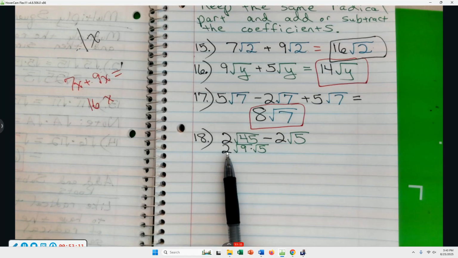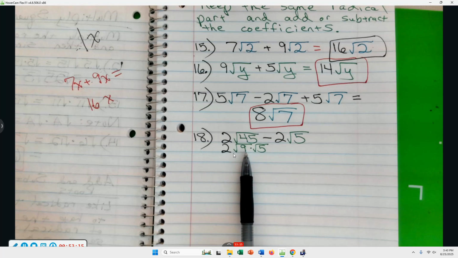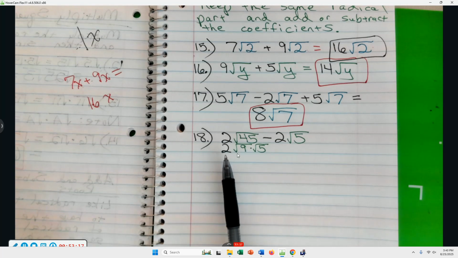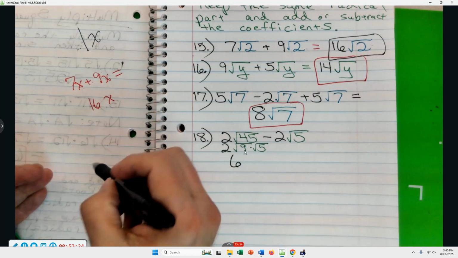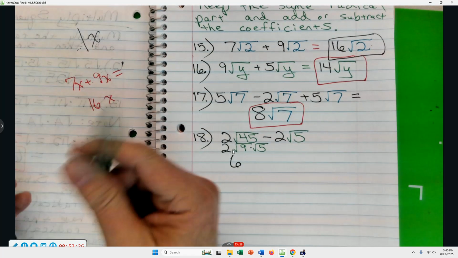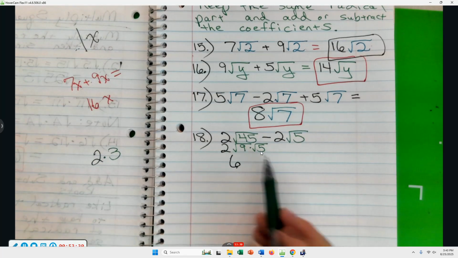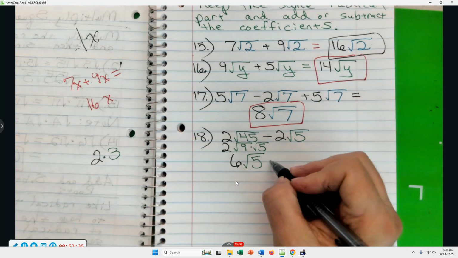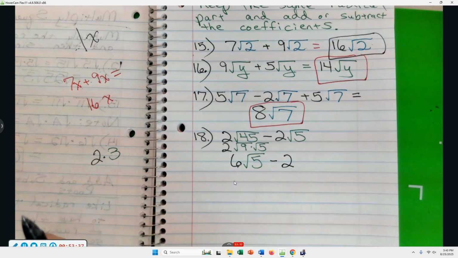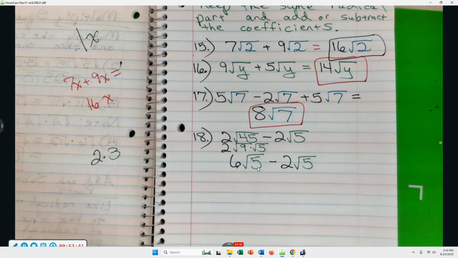3 times 2. What's our new coefficient there? The square root of 9 is 3, times 2 gives me 6. 2 times 3 gave me the 6. I still have that square root of 5. So we've rewritten the problem as 6 square roots of 5 minus 2 square roots of 5.